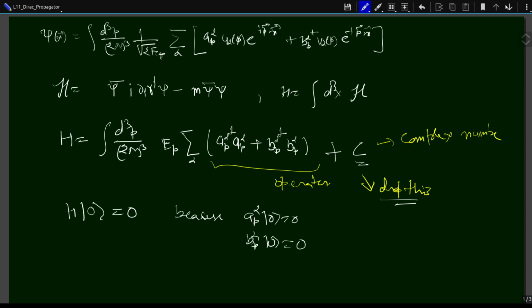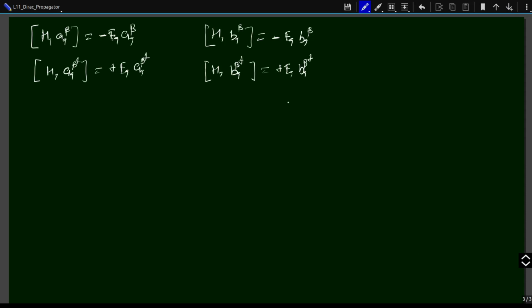So with this understanding, I can ask what is the energy of a state defined as a_q beta dagger acting on |0>. This is a one-particle state.